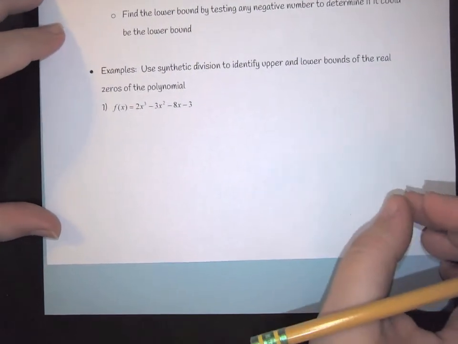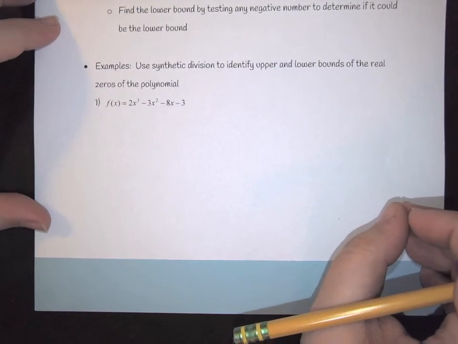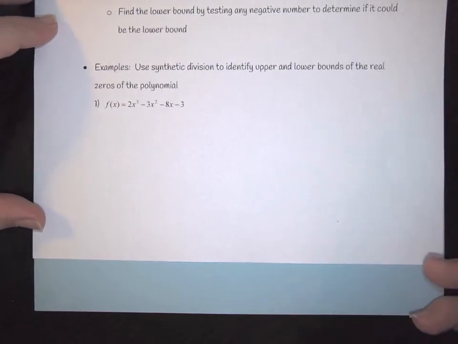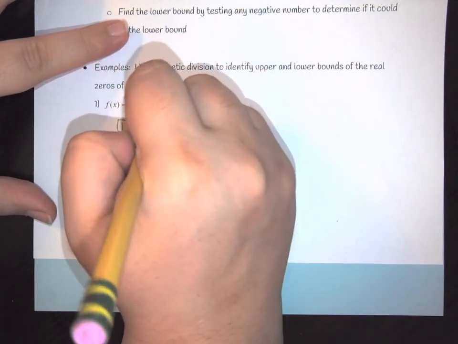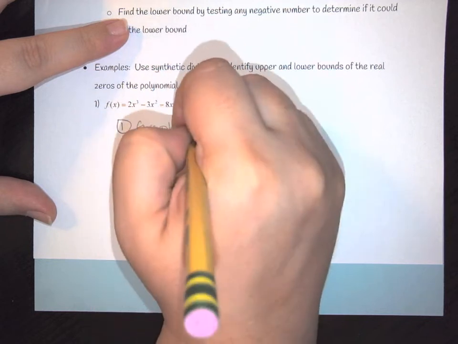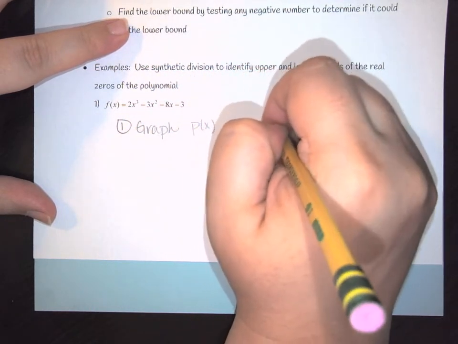So, you want to use synthetic division to identify upper and lower bounds of the real zeros of the polynomials. So, the first thing that you want to do is you want to graph your function on your calculator.